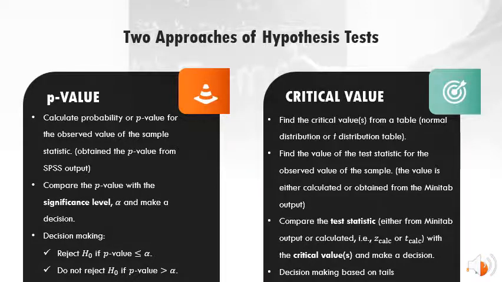If we were to use the critical value approach, then we need to find the critical value or values from a table and find the value of the test statistic for the observed value of the sample. We compare the test statistic, either from the Minitab output or calculated depending on which test we are using, whether it's Z-test or T-test, with the critical value or values and make a decision out of it.